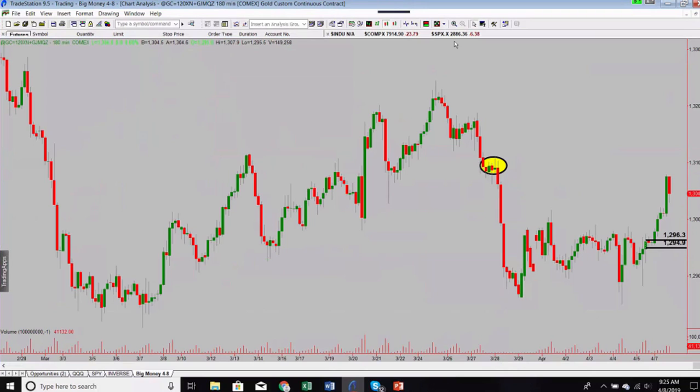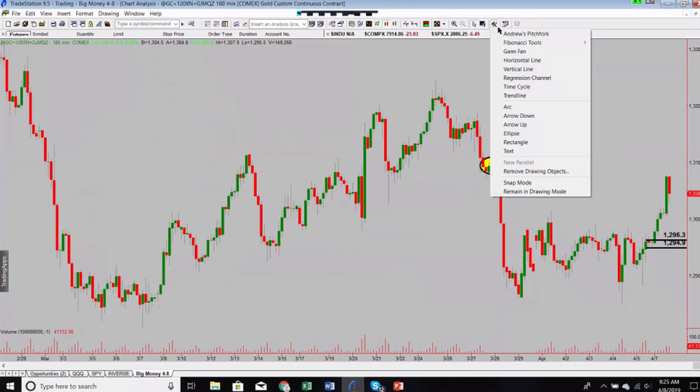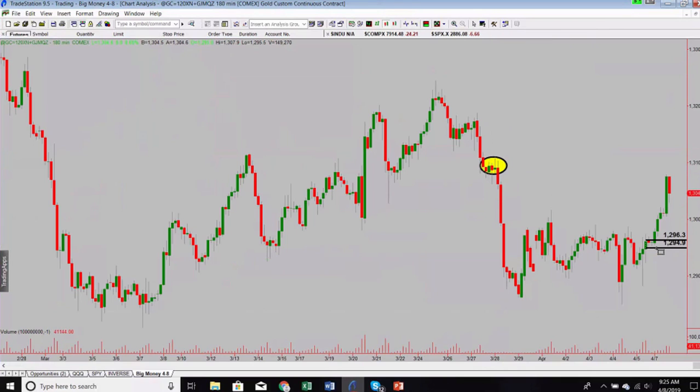There it is. About a 2-point level starting at 1296. I'd call it 1296.50. Your profit zone, which is the distance in between your supply and demand, is very clear there. So, and it looks okay. It's not great.